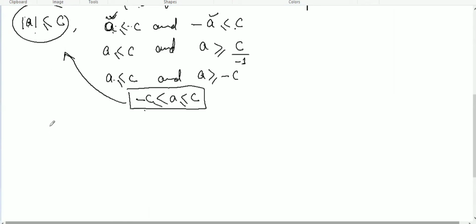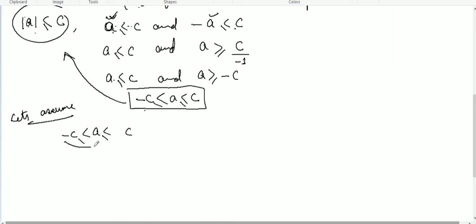Okay, let's assume this one. A will be greater than or equal to minus C, less than or equal to C. We will take the first part of the inequality.